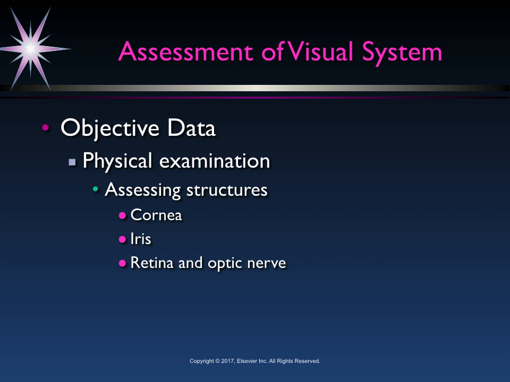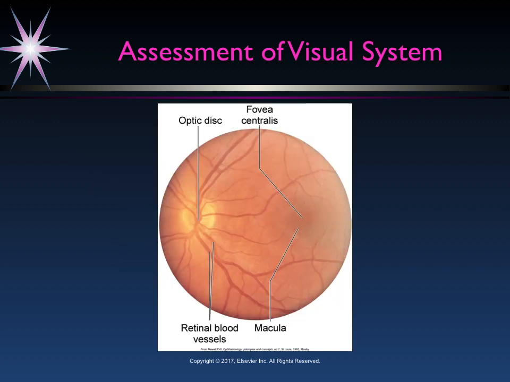In order to look at the retina and the optic nerve, you need to use an ophthalmoscope to magnify the retina and to be able to bring them into a crisp focus. And this is what it would look like if you were looking at the eye. The optic nerve disc is examined for size, color, and abnormalities.